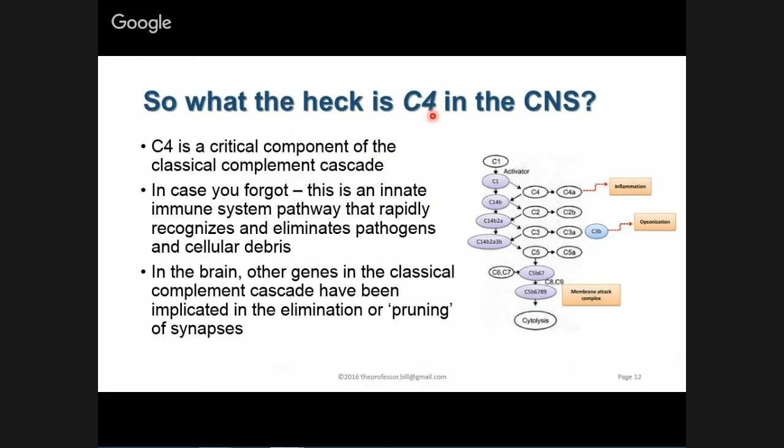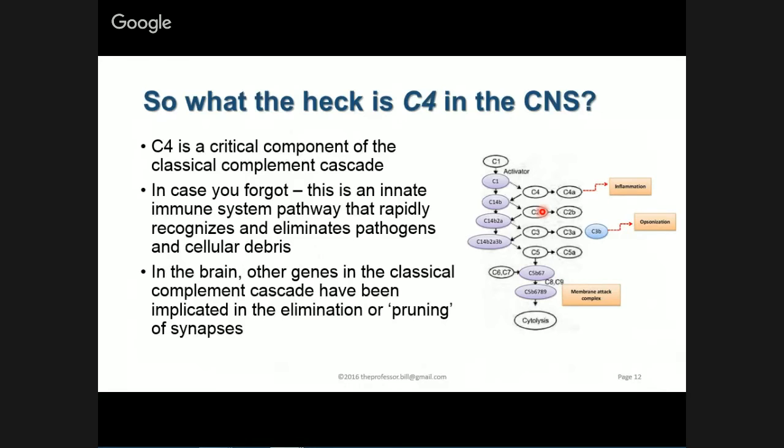So this gets back to what C4a is, and whether it has been examined previously in the CNS. It has. Many individuals have looked at C4 and C3 as part of this complement cascade within the brain.